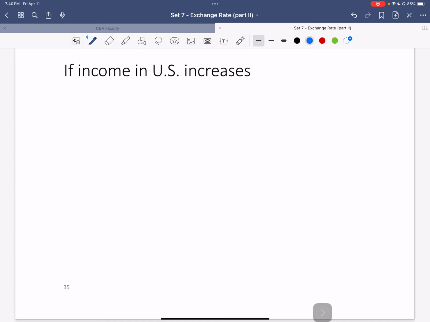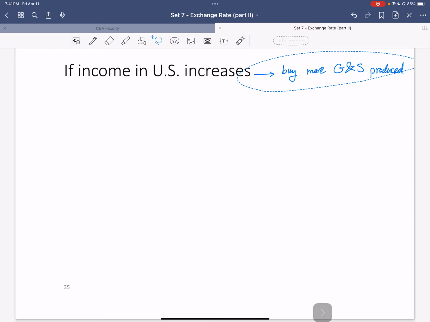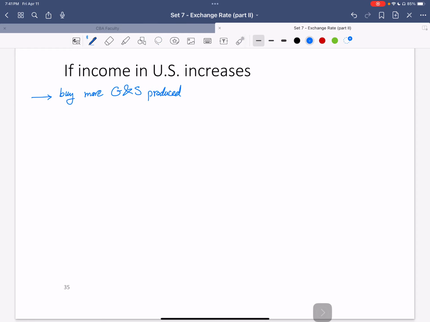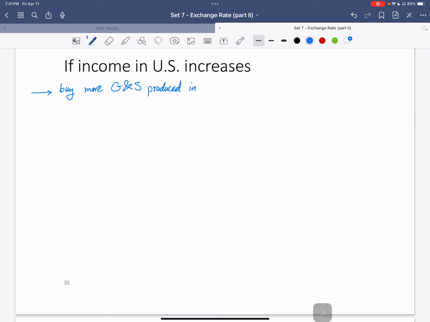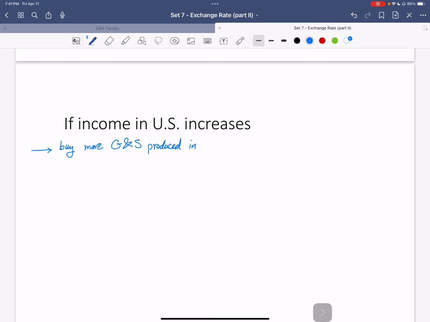Okay, if the income in the US increases, it means that we can buy more goods and services produced in, let's say, this time let's discuss the Mexican peso and US dollar.